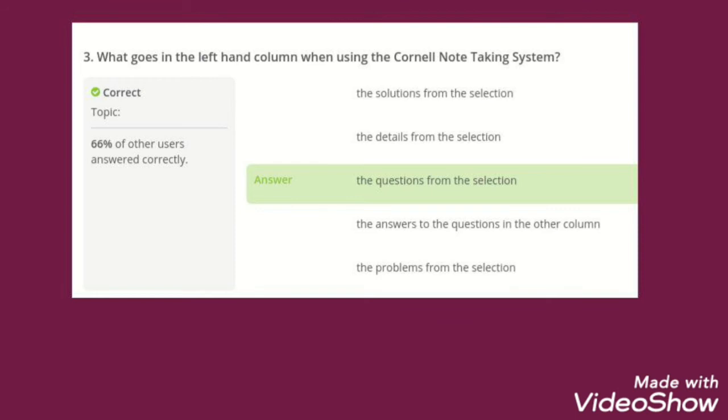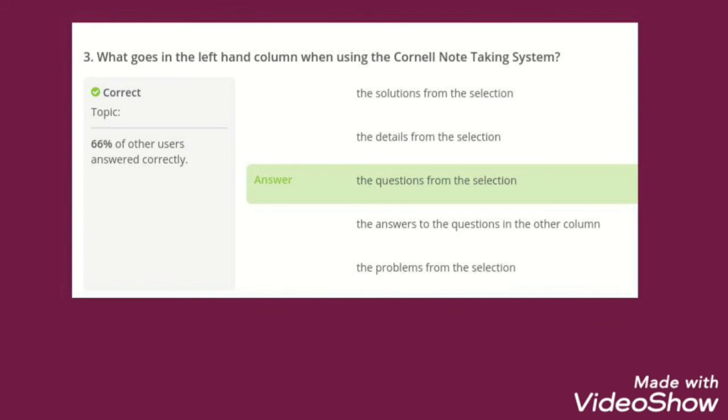And yes, C, the questions from the selection, is the right answer, but I had to eliminate some other answers first. I ended up getting down to only 2 answers, and the questions from the selection is the correct answer.